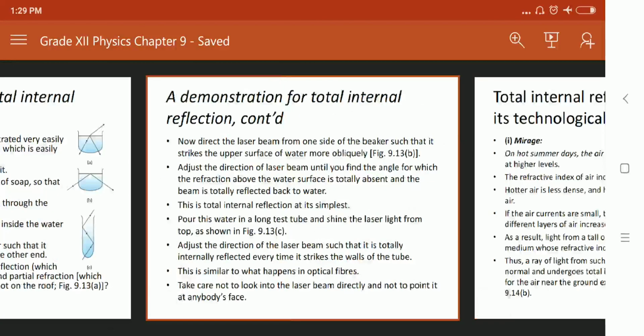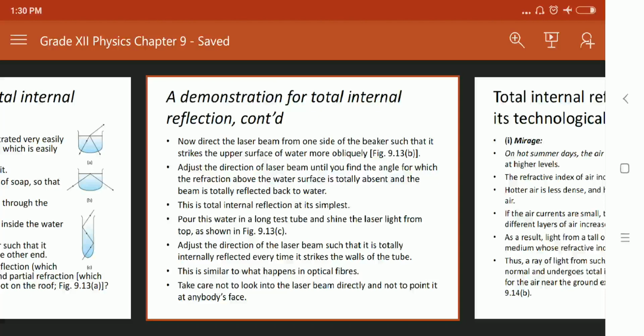Now, in diagram C, you can observe that instead of that beaker, now take a tube, in that also the same turbine water is filled, and apply the light beam from the top and adjust the angle in such a manner that total reflection is possible. So you can observe a zigzag pattern of the light beam.